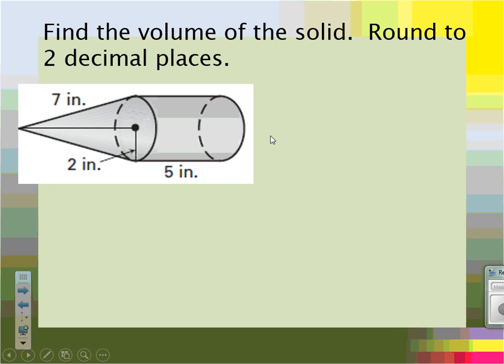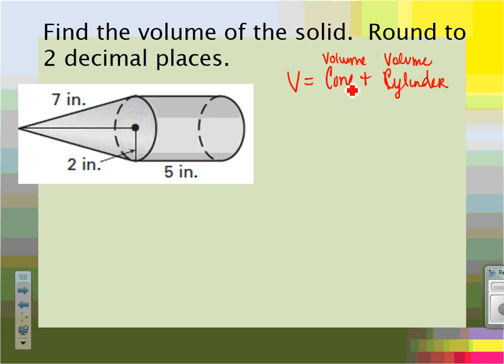So I have to remember from yesterday what the volume of a cylinder is. So I would say the volume of my cone plus the volume of my cylinder would make the volume of this complete picture.